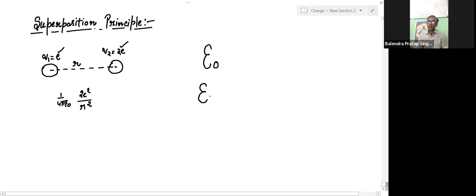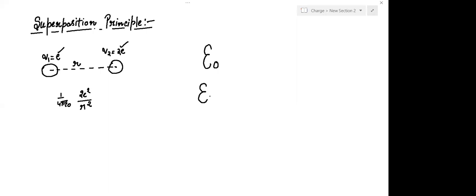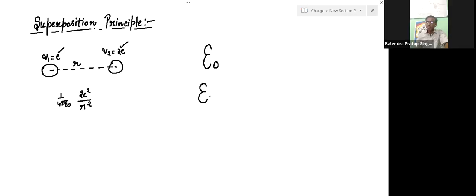But what is this epsilon, if I remove this naught, then what is this epsilon? Okay, you haven't, I think, revised your notes. This we call absolute permittivity.